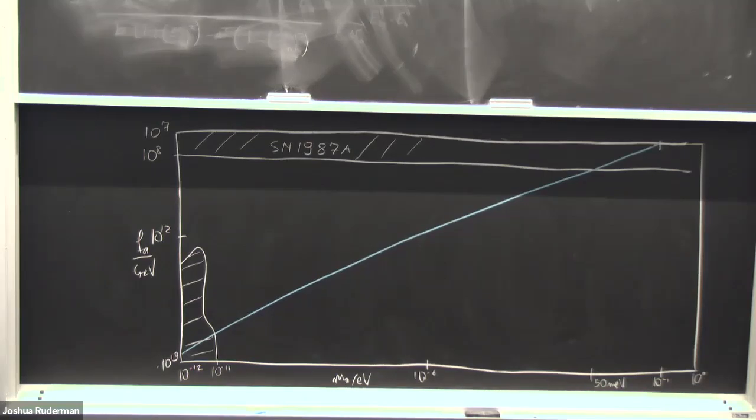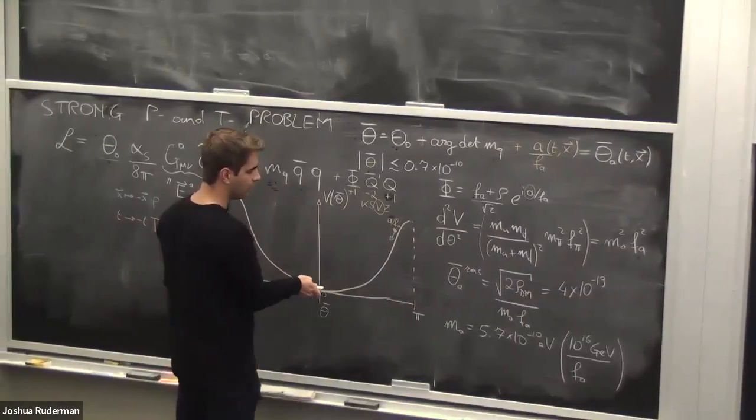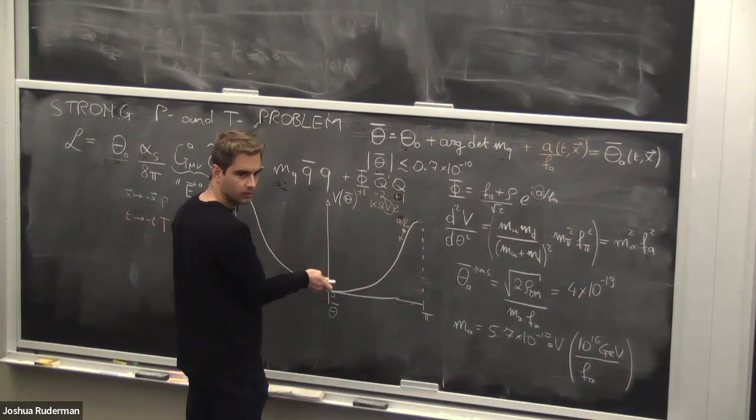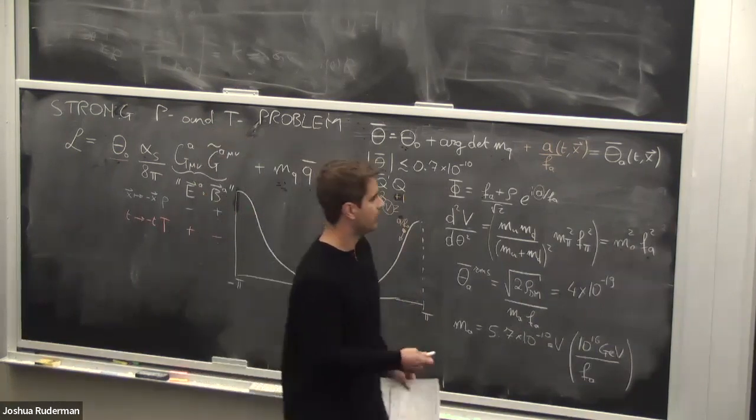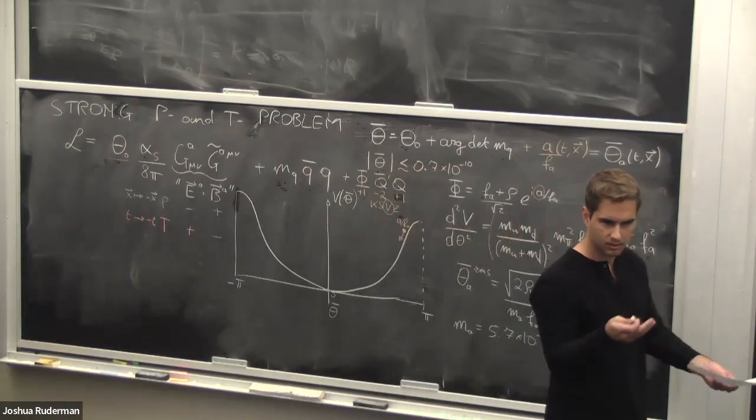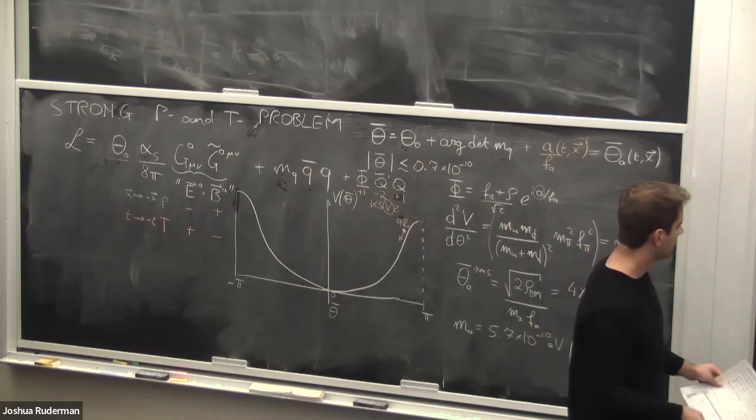What they say is, let's say that the effective field range of the scalar field is Planck scale. Then they ask, how large should the curvature in this potential be, not for the QCD axion but for some different axion, for it to make up all of the dark matter? And then you can find what the mass is. It's about 10 to the minus 22 eV.